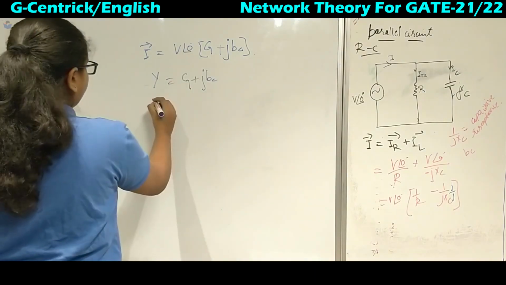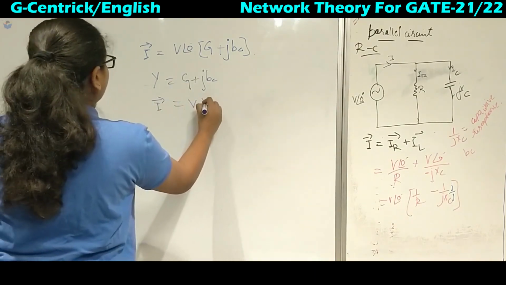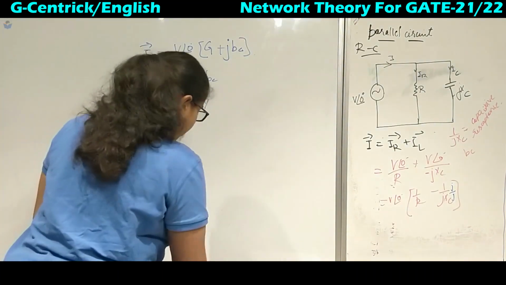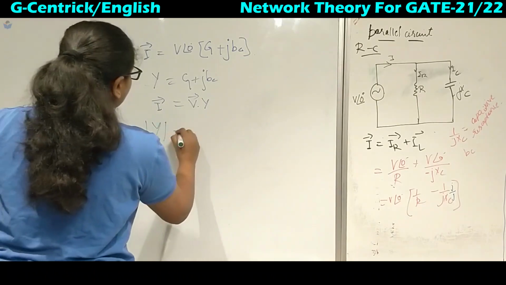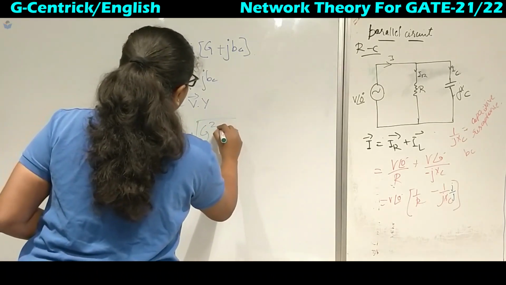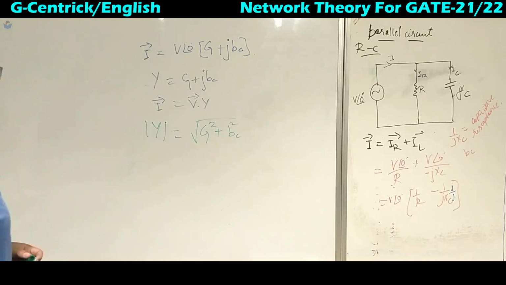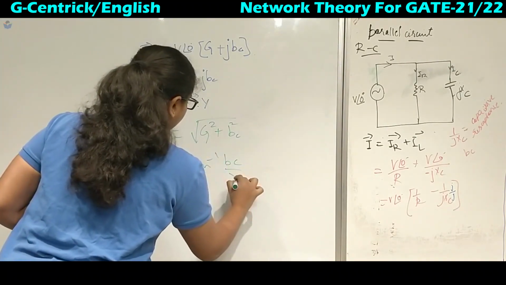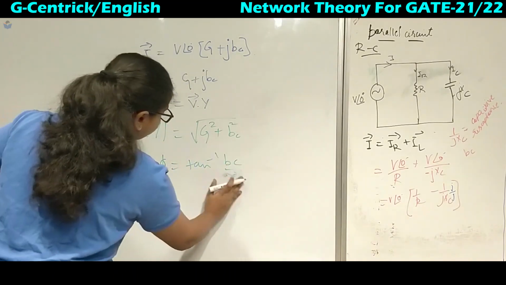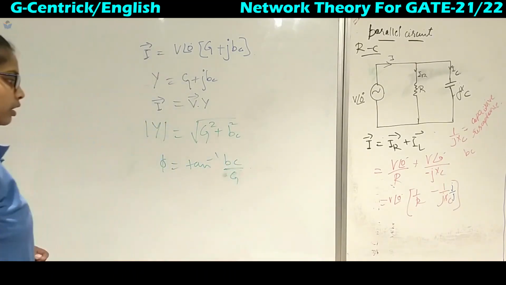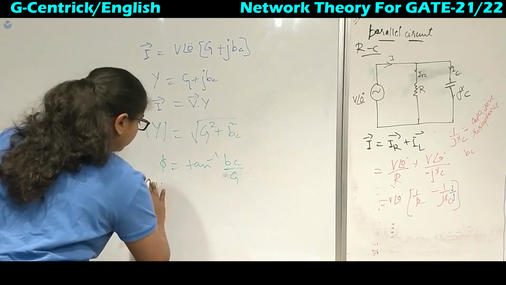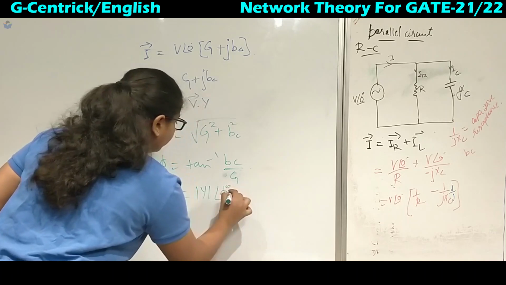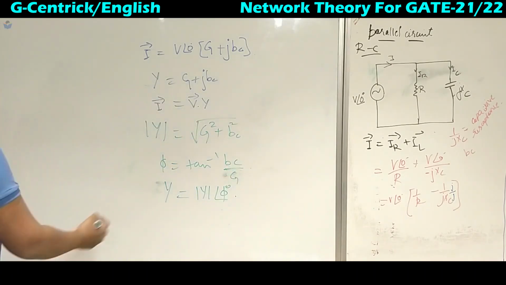So now this total current I will be V into Y. Now I will take the magnitude of this Y. So this will be root of G square plus BC square. So phi will be tan inverse of BC upon G. So this is positive angle what we have got. So what is Y? Y is equal to magnitude of Y angle phi degree. So what can I write current as?